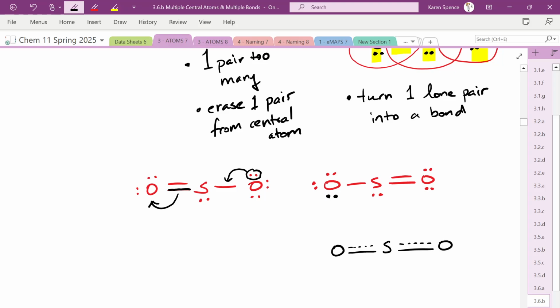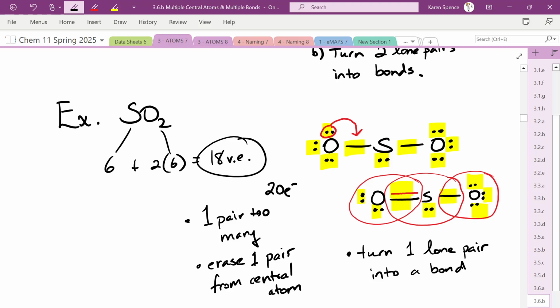Yeah? And the reason that we know that is because a double bond is shorter and stronger than a single bond. But it turns out that the 2 bonds are equal in length and strength. So those electrons have to be spread out over 2 areas. Okay? But this is not part of today's stuff, so forget I said anything.